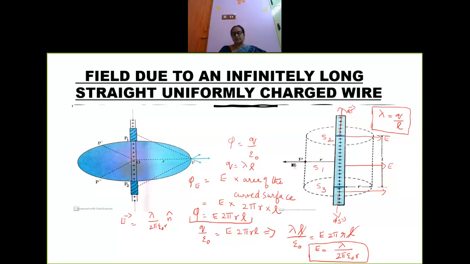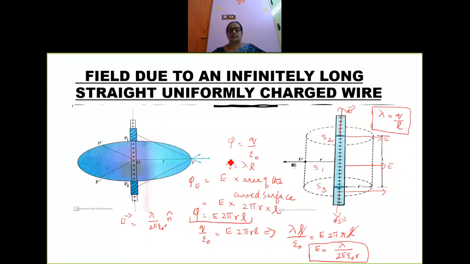And here what will be the direction of the electric field? As I said, it is normal to the wire, right? And the electric field will be outward as far as this positively charged wire is concerned.